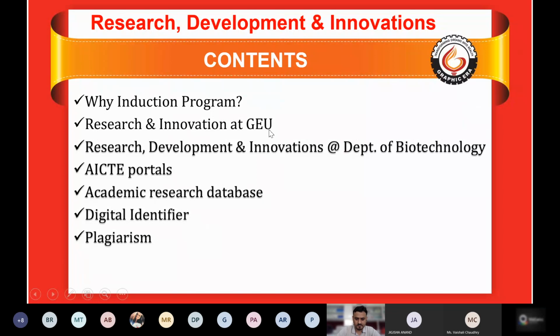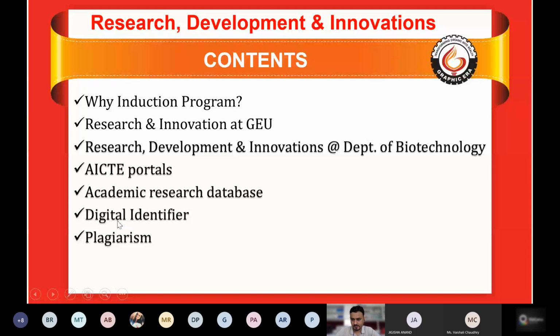Then research, development and innovations at the Department of Biotechnology. Then the All India Council for Technical Education portals which are important for you as a student of engineering. Then academic research databases, the different academic research databases. Then I will move to digital identifiers, followed by a little bit about plagiarism.